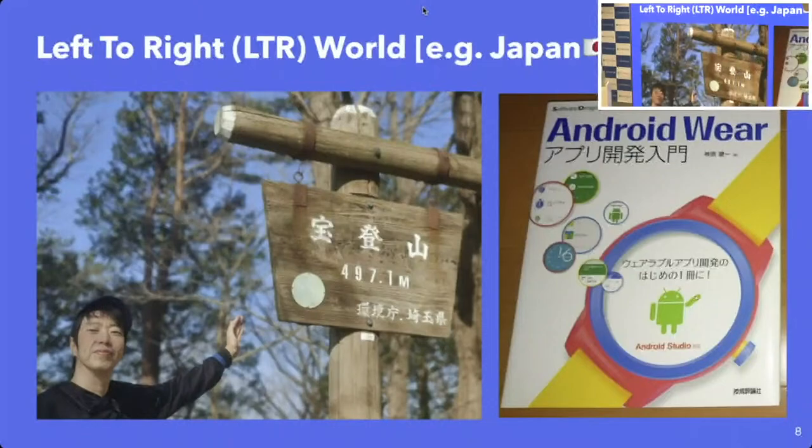This text is written from left to right. So even if you don't understand Japanese, the text direction is very important. And the right one is a book I wrote before. This book title is also written from left to right, like English.